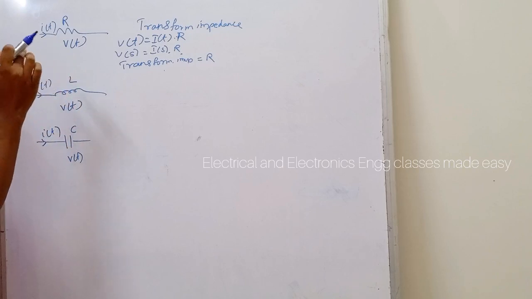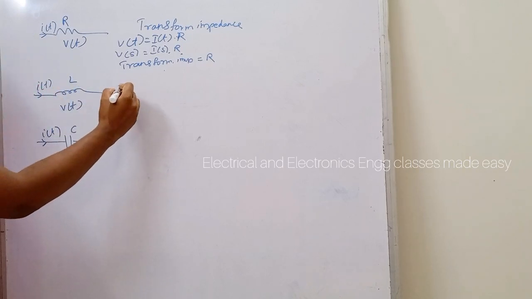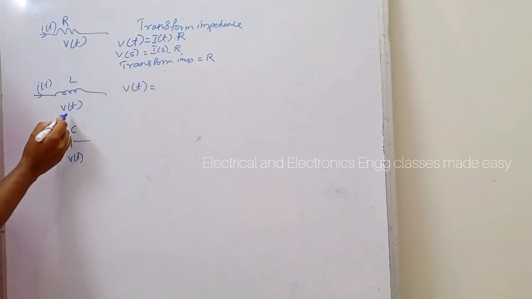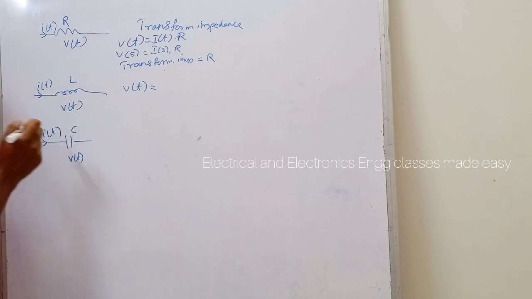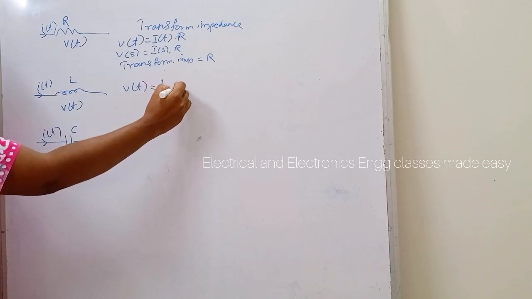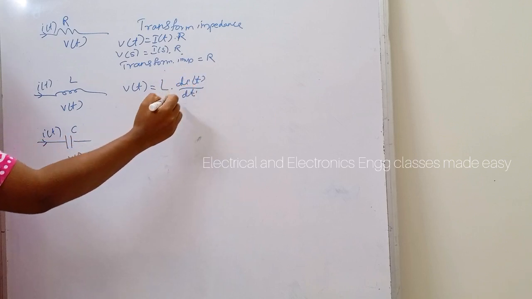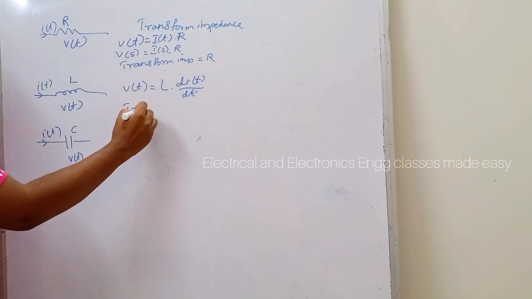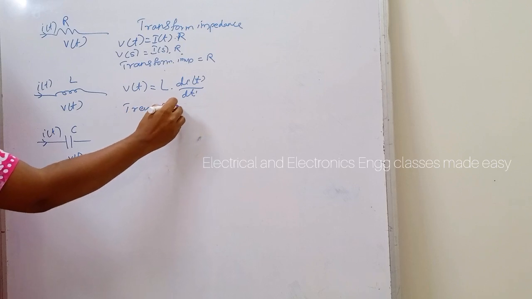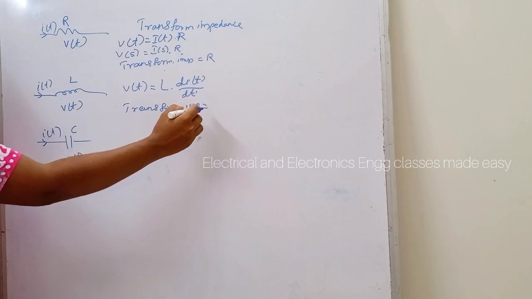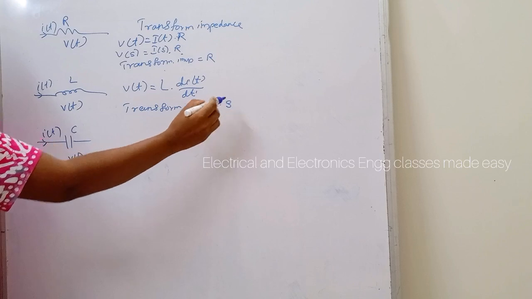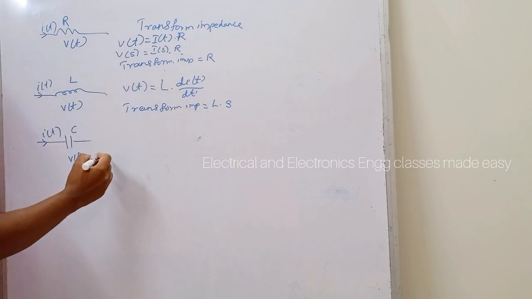In the case of an inductor, we have the voltage across the inductor v of t equal to L into d i of t divided by dt. So here the transform impedance is equal to L into s, after taking the Laplace transform.